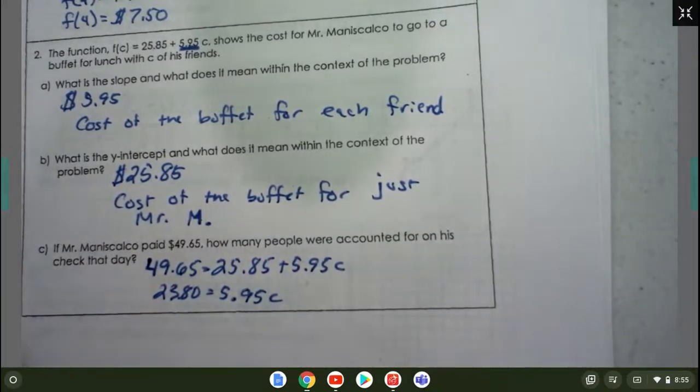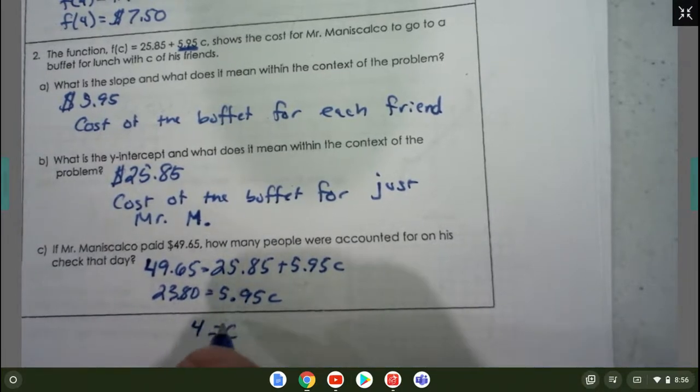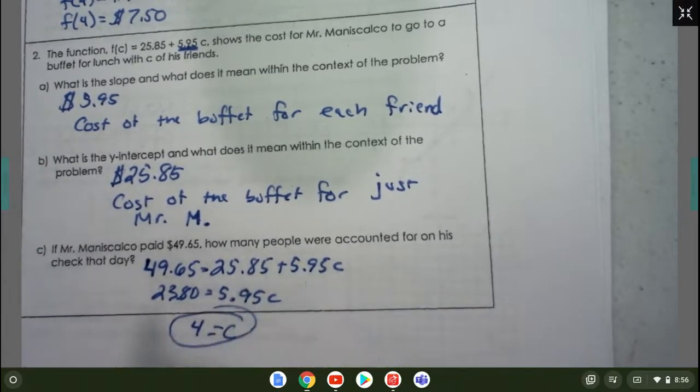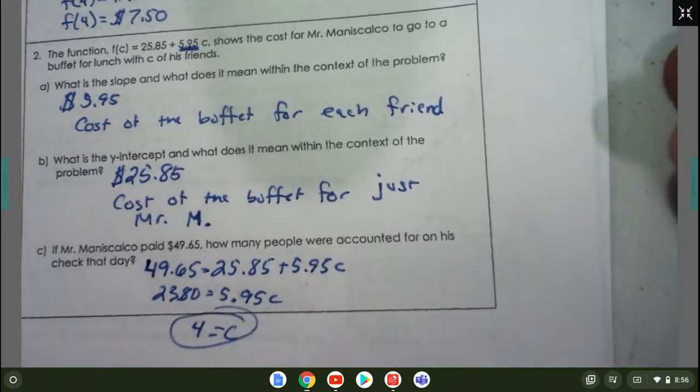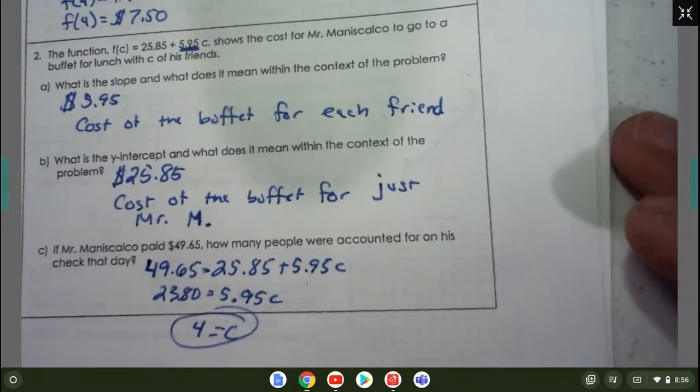So all we've got to do then is divide that 23.80 by the $5.95 per friend, and that will tell us he had 4 friends. And we're done with the interpreting slope and y-intercept.